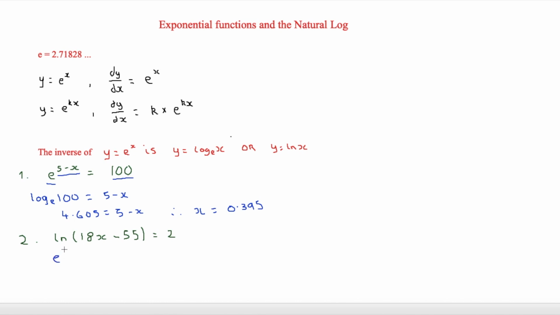The right will be 2, so it's going to be e squared is equal to 18x minus 55. Then e squared plus 55 is equal to 62.389.